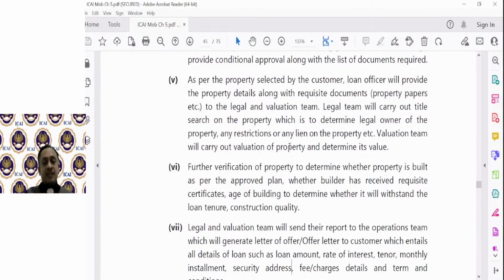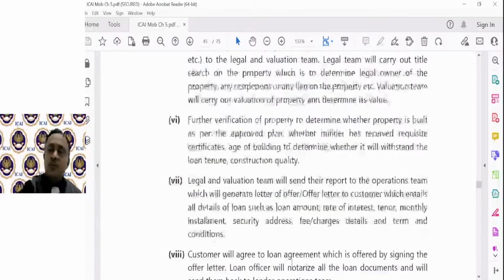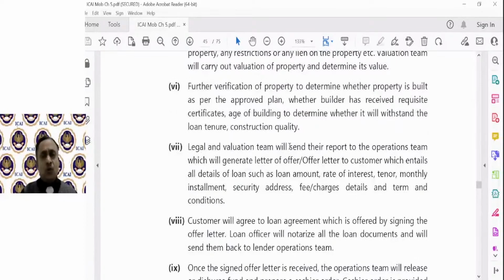One of the processes is CERSAI. That is how bankers keep track of the loan status of the property. Then there is verification of the property to determine the approved plan, the municipal corporation certification, everything. Then the legal valuation team assesses the value, the loan amount, the rate of interest, and all these things.